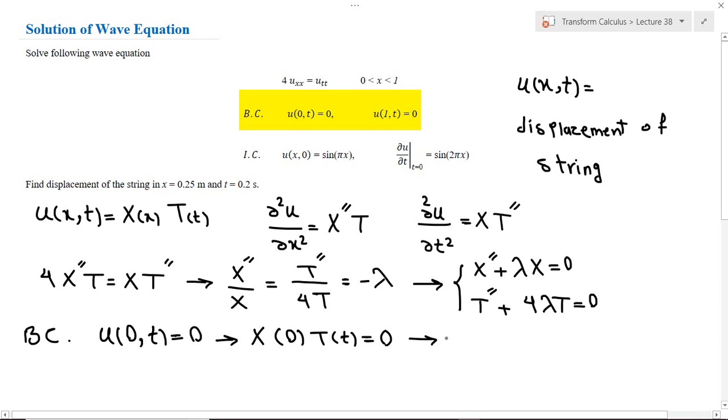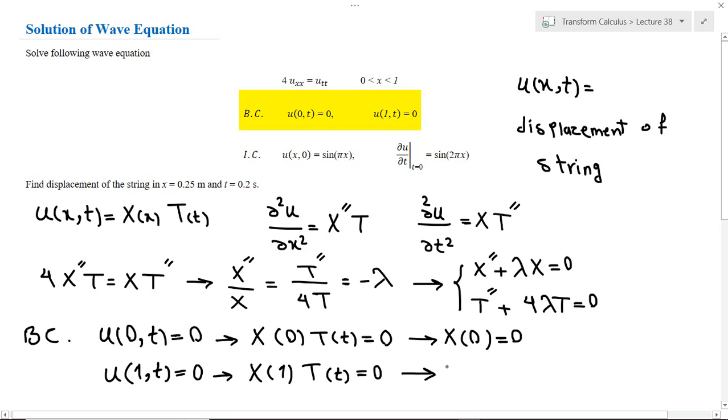As a result, X of 0 is equal to 0. And in the second boundary condition, we have u of 1 and t equal to 0. As a result, X of 1 times T of t is equal to 0. So T of t cannot be equal to 0. As a result, X of 1 is equal to 0. So we could find two boundary conditions.